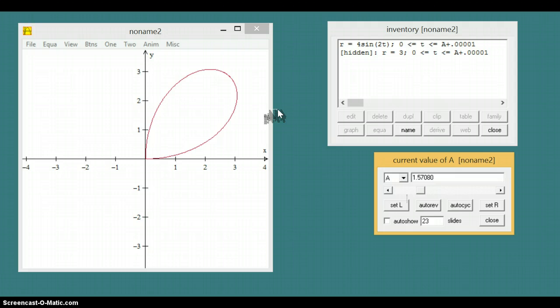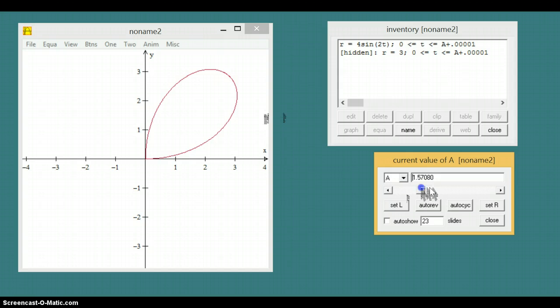So at pi over 2, it did complete one leaf in the first quadrant. It doesn't always work out that way, because we've seen with r equals cosine theta that the whole circle was graphed just going to pi. So you have to be careful about this.